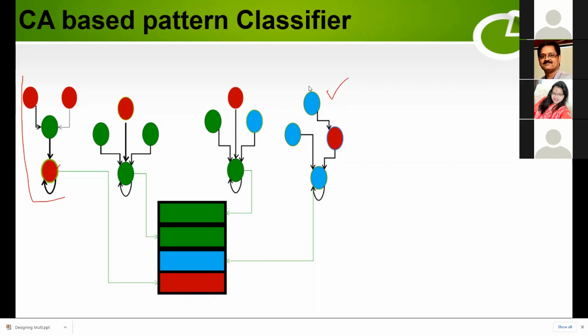Similarly, in this basin, the maximum number of patterns is from the blue class, so this attractor will represent the blue class. And similarly, in the second and third, the maximum number of patterns is from the green class. So these are the classes.